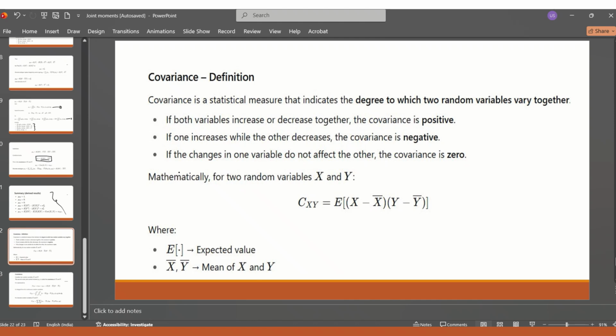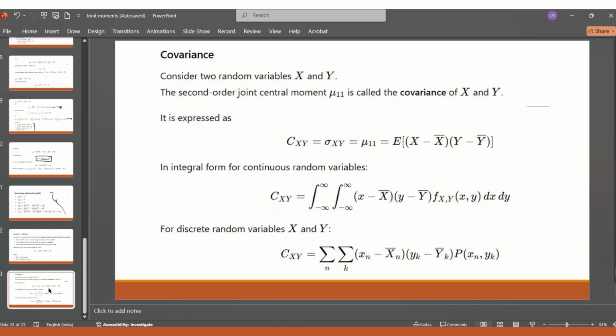If the changes in one variable do not affect the other, the covariance is zero. Mathematically, for two random variables x and y, Cxy is equal to the expectation of x minus x bar into y minus y bar, where E is the expected value, and x bar, y bar are the means of x and y.